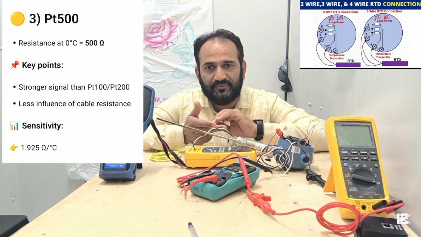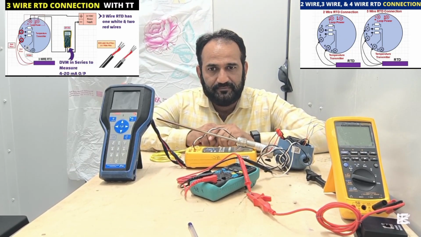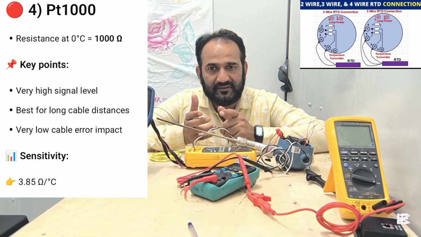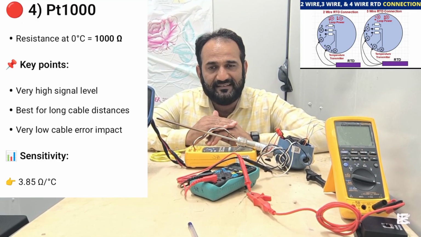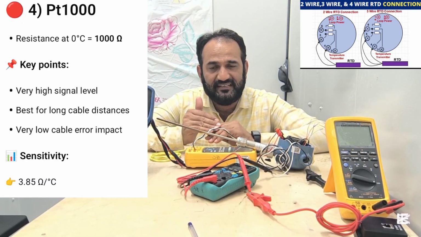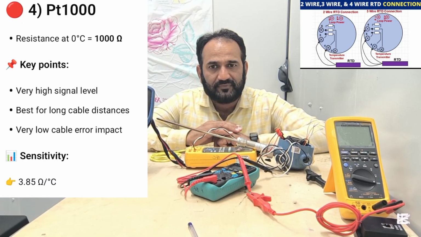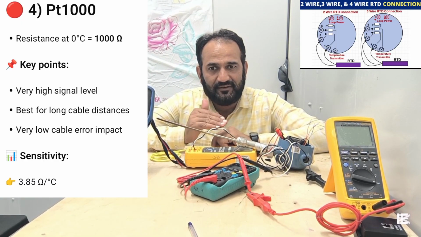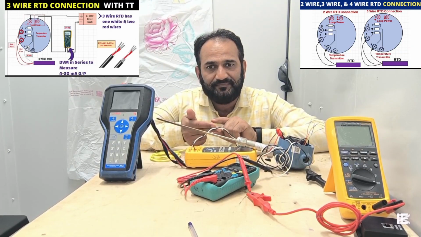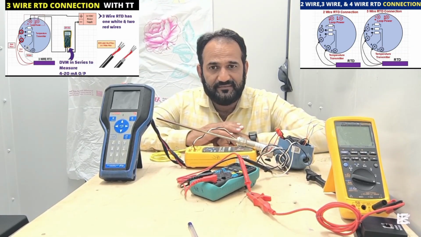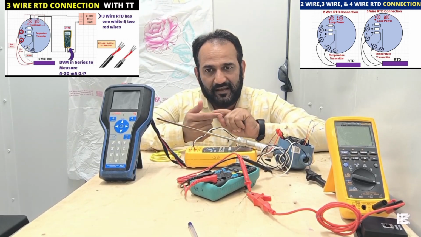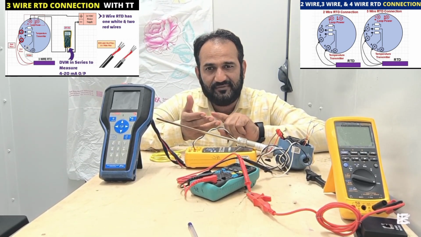And Pt1000 should produce 1000 ohms. Means if we are getting 1020 ohms, we will subtract the 1000 ohms and we will divide the 20 ohms.